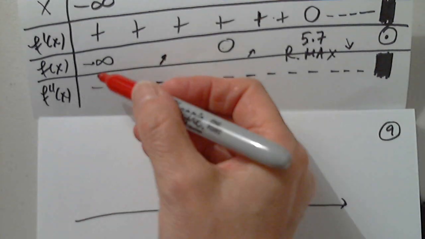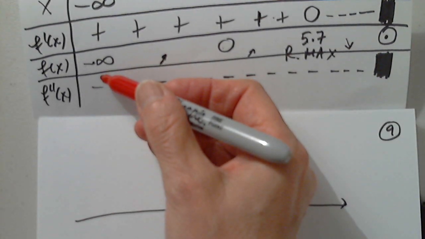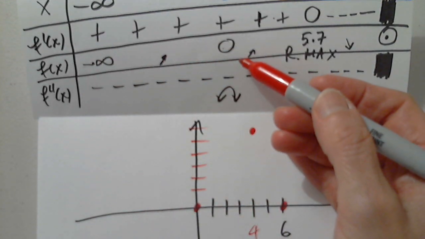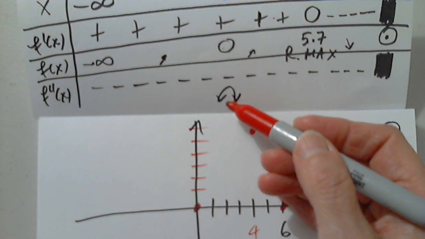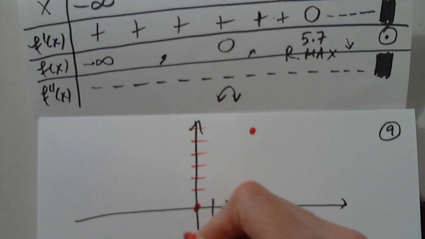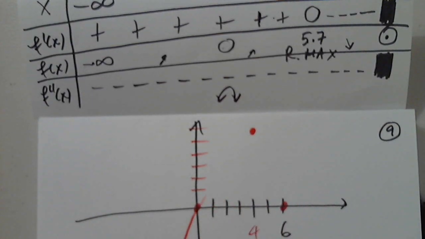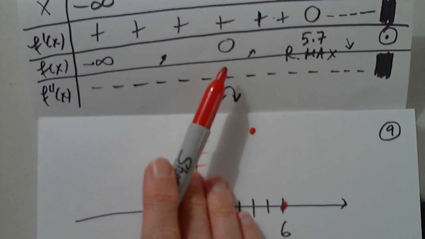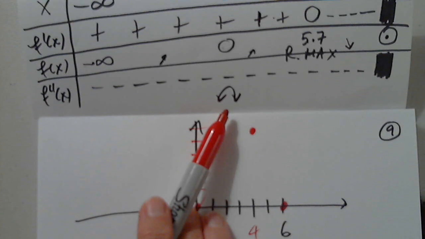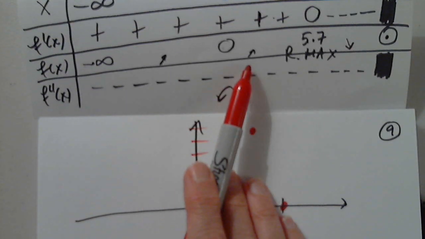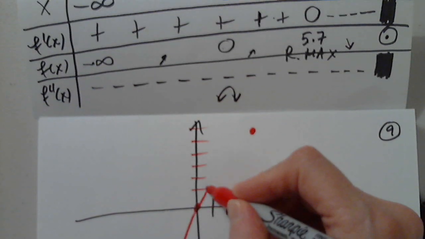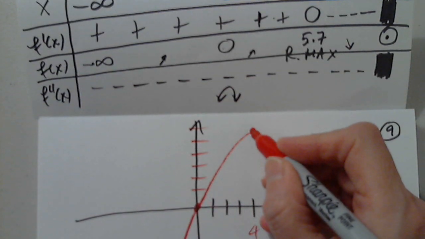So the function is coming from negative infinity, increasing to the origin, opening down. Continue to increase to the relative max, still opening down.